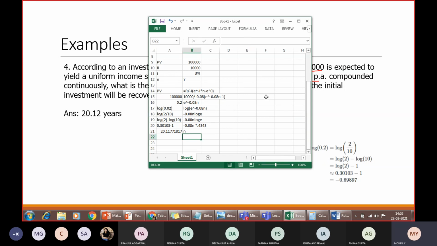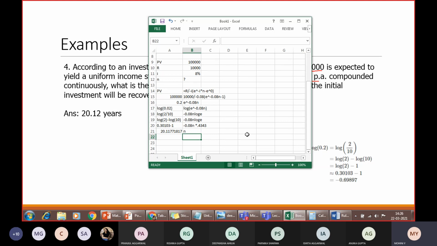Beta, you can expect such kind of questions in your exams. Okay, this particular question has come up in 2009. Is this clear? Anyone having any doubt? We have not done anything. We just have put the values in the formula, and then we have used log in this particular question, because whenever you have to calculate the number of years, you have to use log, otherwise you will not be able to solve it.